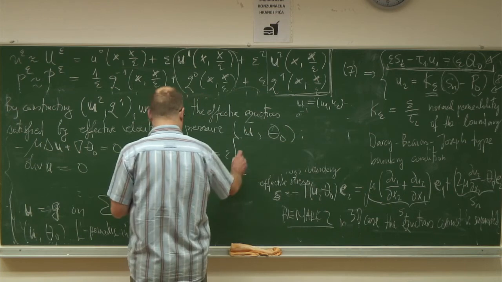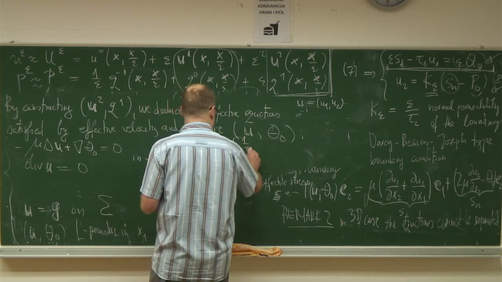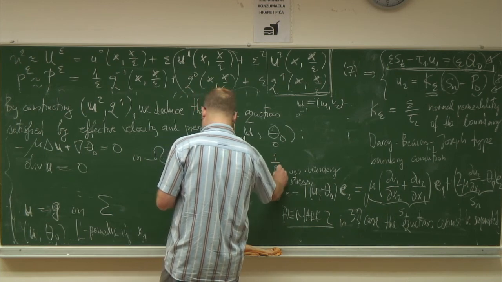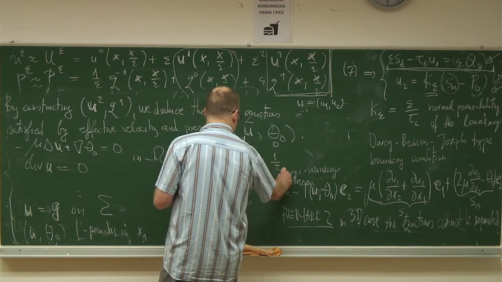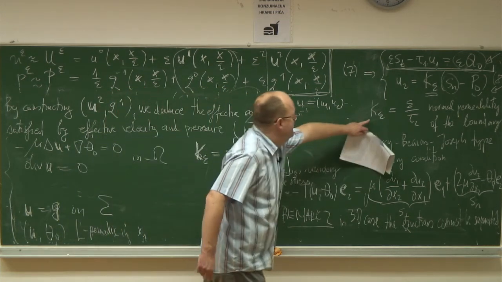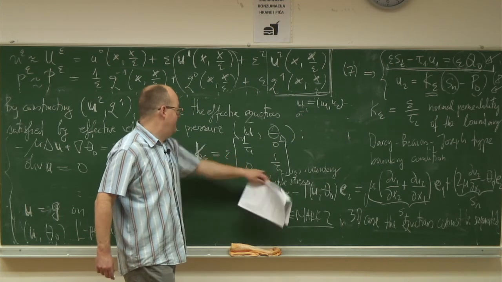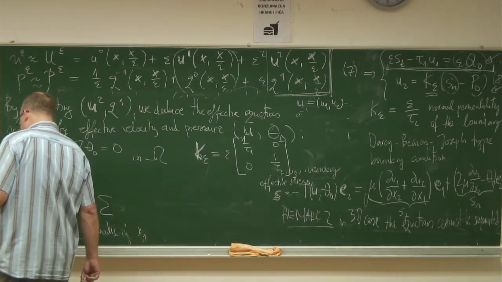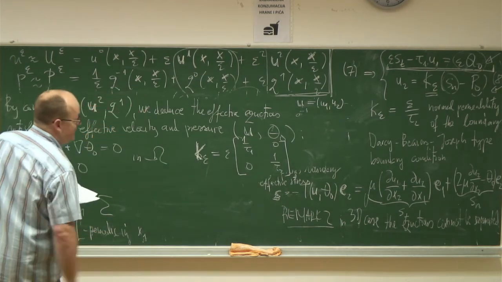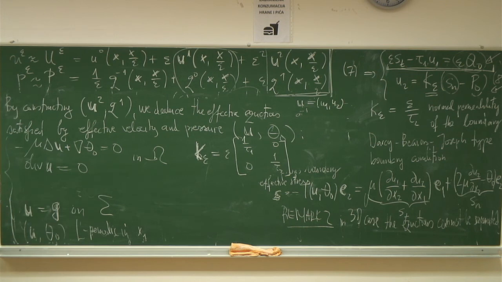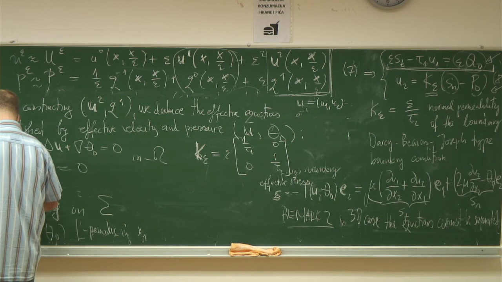So if we introduce this matrix here, note that this guy is essentially this guy here, yeah? So if we introduce matrix in this way, effective boundary condition can be written in the following form.